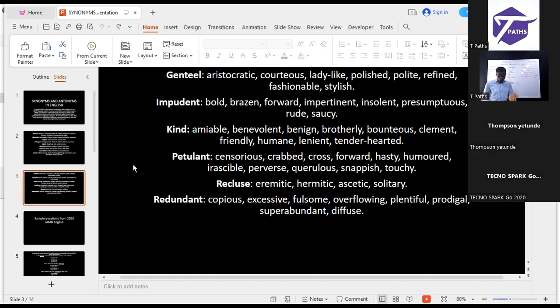Do you understand? Now look at the next word here, recluse. What does it mean to be a recluse? What are other words that I can use in place of the word recluse? I can use the word eremitic, that's another big word, so to speak. Eremitic, hermetic, ascetic, solitary. A recluse is someone who doesn't like associating with people.